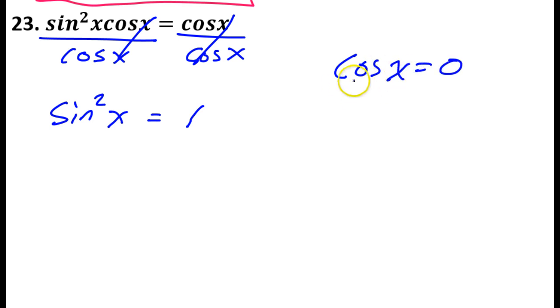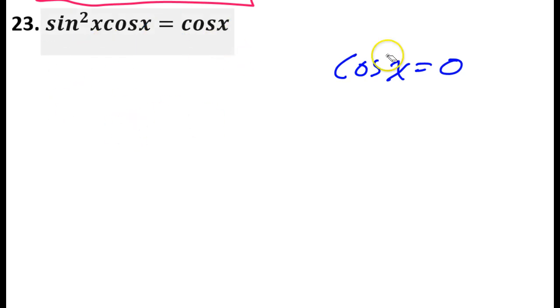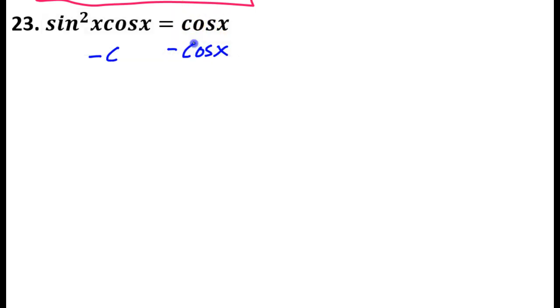That is a value that cosine sometimes is. And so for all you know, you're dividing by 0 and you're breaking the fabric of the universe. You don't want to be responsible for that. So instead of dividing by something that could be 0, you want to subtract this term from both sides. It's basically get 0 on one side, like we did in the previous problems.